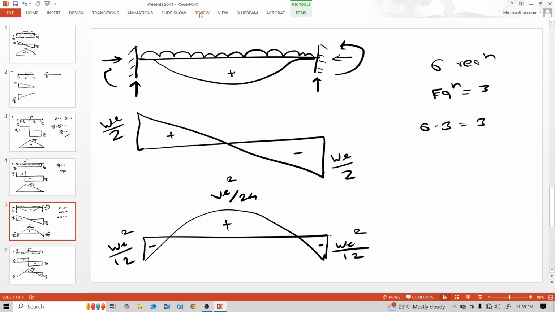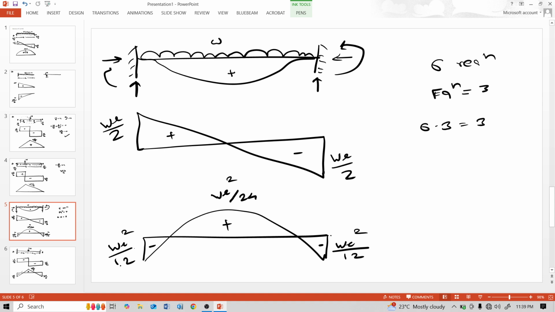Fixed beam with W load per unit length, uniformly distributed load, maximum shear force is WL by 2 and maximum bending moment is WL square. Maximum bending moment, that means hogging bending moment, is WL square by 12. Hogging bending moment is maximum in this case, between WL square by 24 and WL square by 12.